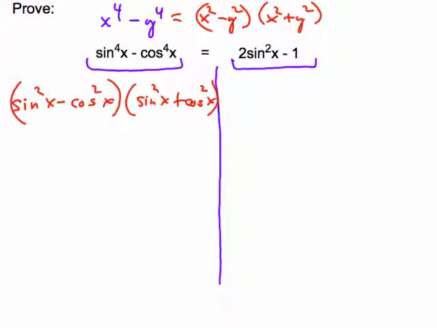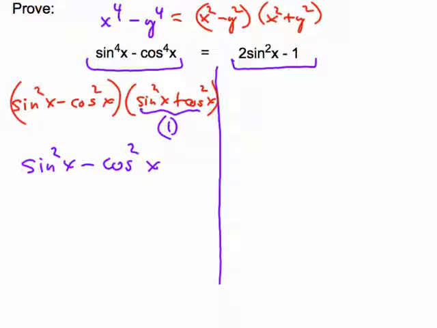Okay, and how does that help me? Well, it does, because this factor, sine squared plus cosine squared, we know that's 1. That's our core Pythagorean identity. So 1 times the other bracket is sine squared x minus cosine squared x.